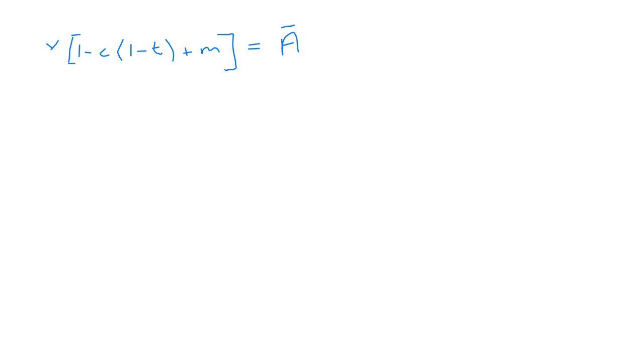What did I just do to get Y? I'll let you know. I'll divide by 1 minus C, 1 minus T plus M times Y, 1 minus C, 1 minus T plus M. All right, and on this side, I'll multiply the same thing by 1 minus C. Brackets don't seem to want to work.